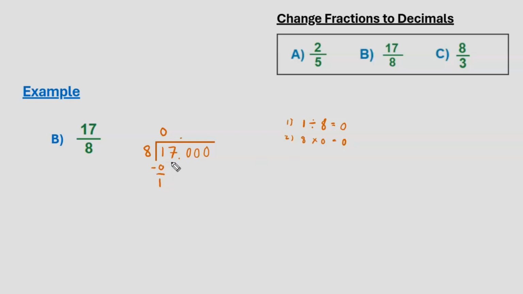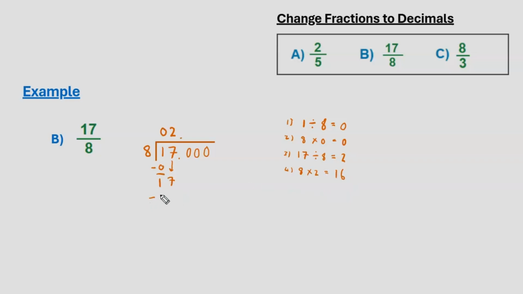Now we can bring the 7 down, and this will be divided by 8. So ignoring remainders, it gives us 2. Then 8 multiplied by 2 is 16.